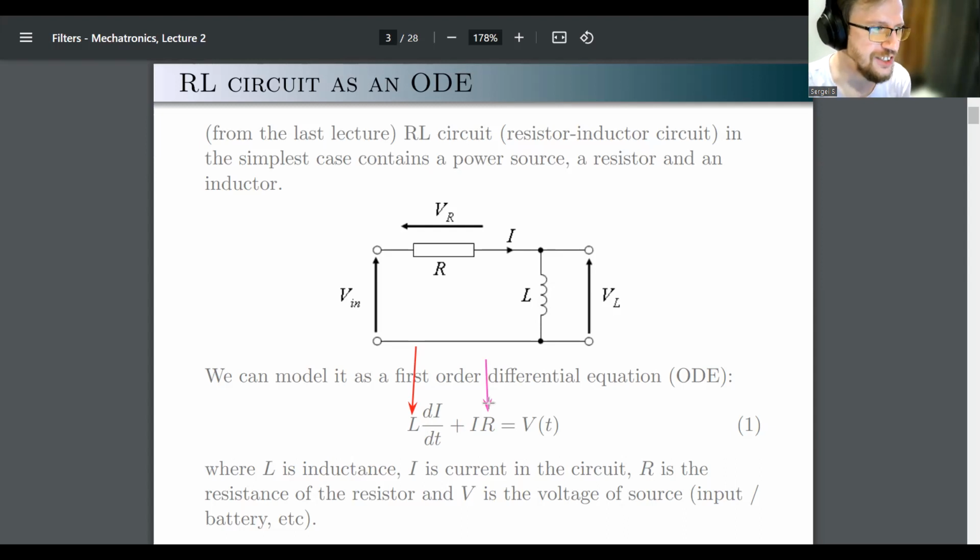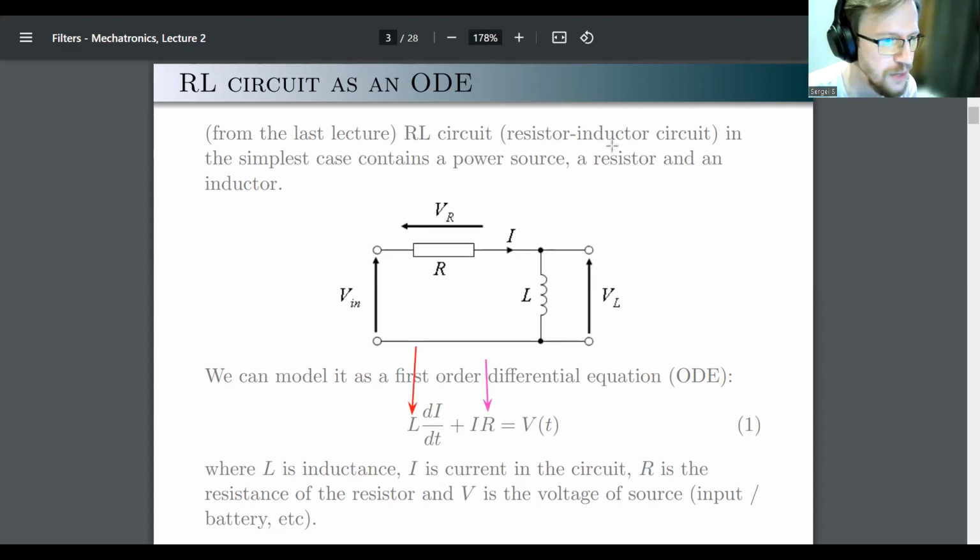This equation is exactly the same in form as the other equation, except the coefficients are different. So if we simply replace in our derivations L by R and R by 1 over C, we get the new equation.